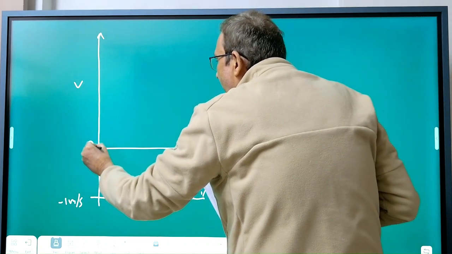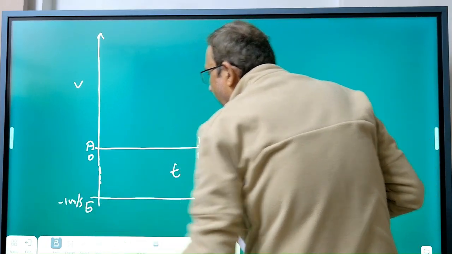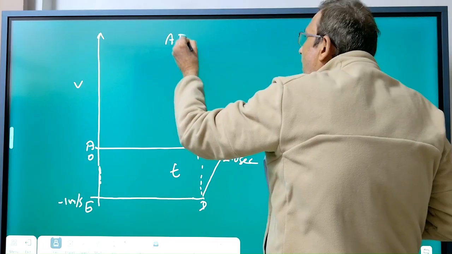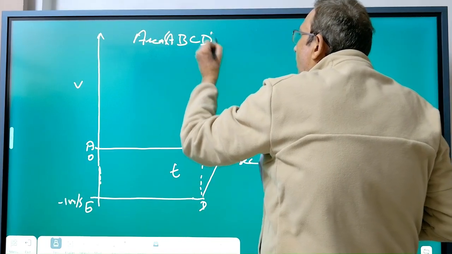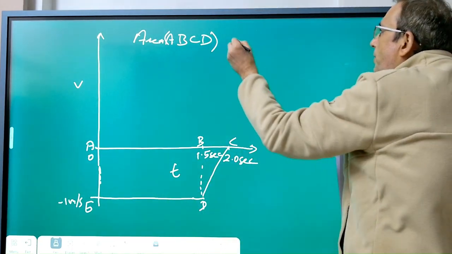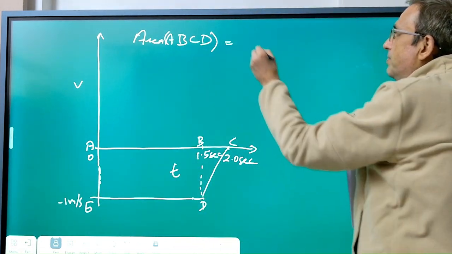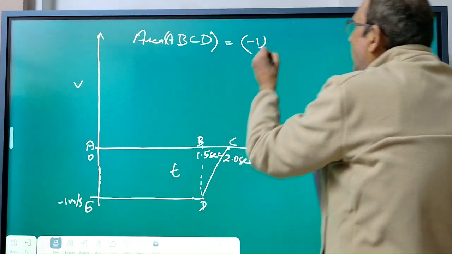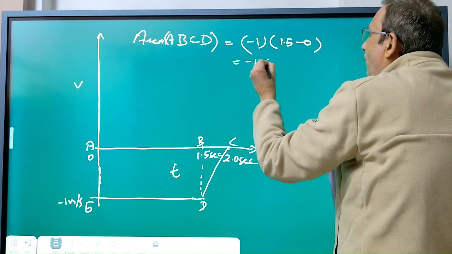So let us say this point is A, this point is B, C, D and E. So first of all, we'll find the area A, B, C, D. Okay, which will be the area of this rectangle, and it is going to be the height times the breadth, and the height is -1 and the breadth is from 1.5 to 0, that is 1.5 minus 0. So it is going to be minus 1.5.